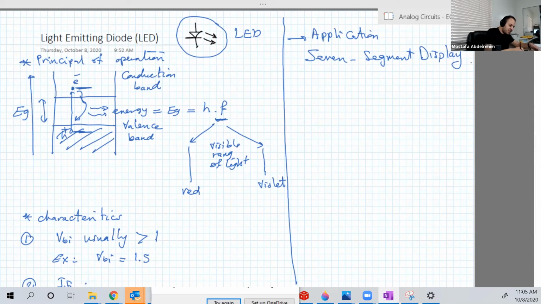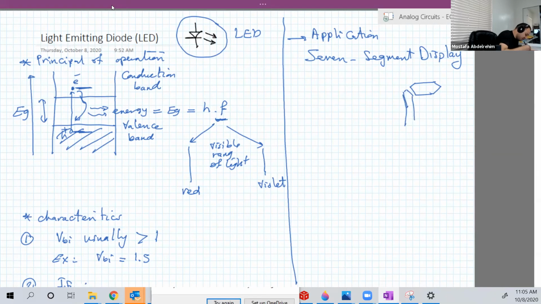So basically for this 7-segment display, it is this one. I know that you know it. Sometimes it's used in digital watches. I will draw it, but again my drawing is bad, but you will get that. I will just do it in a very simple way.